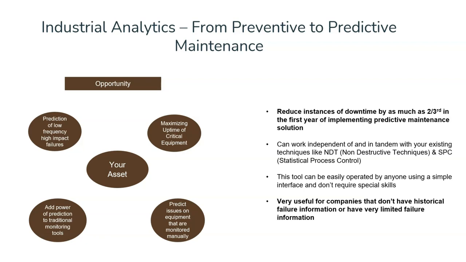That level of granularity is now possible thanks to machine learning. And using predictive maintenance, I have seen that the instances of downtime, especially involving critical equipments, can come down by as much as 2/3, even in the first year of implementing a predictive maintenance solution. It can work alongside other techniques like non-destructive testing and process control.